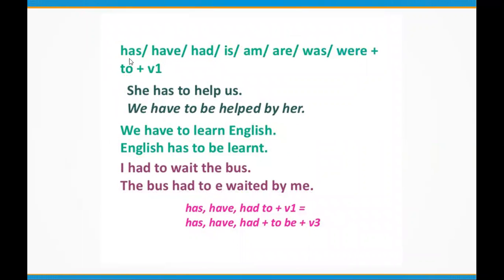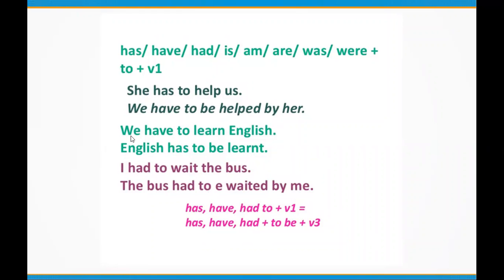Next, this is the formula: has, have, had plus to plus be1. For example, in active voice, she has to help us. How will you change it into passive voice? We have to be helped by her. So here has, have, had to plus be1 equals has, have, had plus to be plus B3.